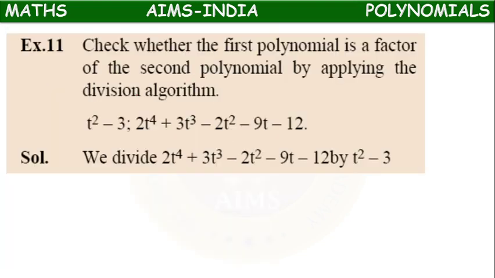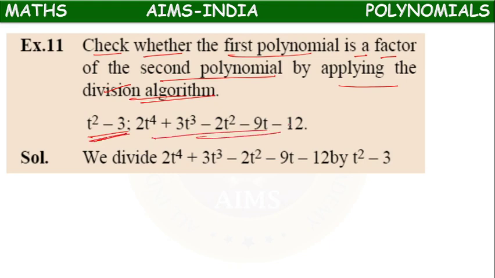So next, 11th question. Check whether the first polynomial is a factor of the second polynomial by applying the division algorithm. We have to tell whether the first polynomial is a factor of the second polynomial.